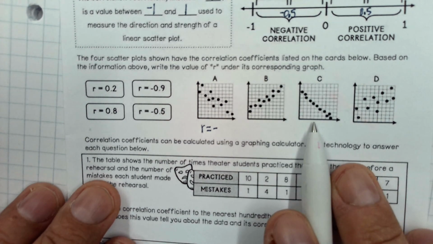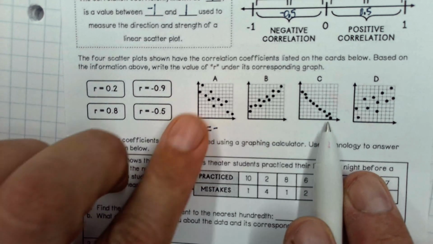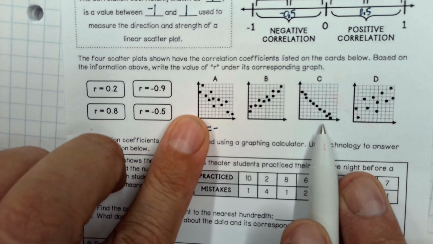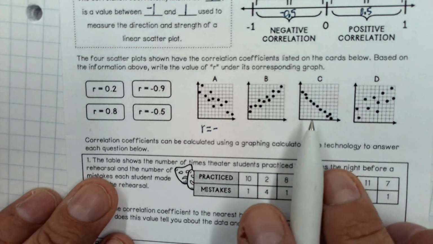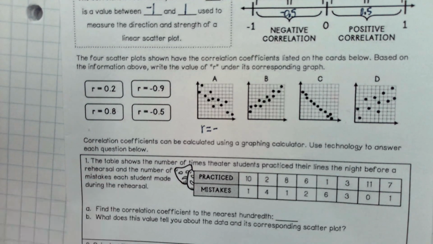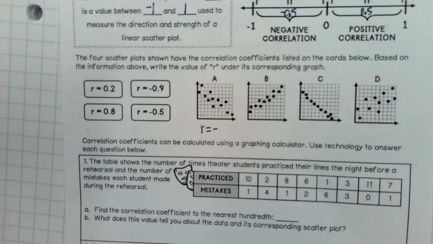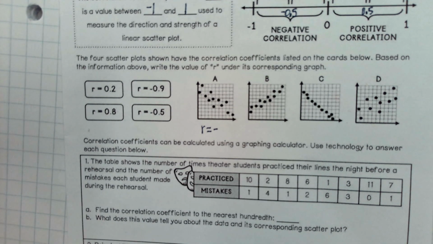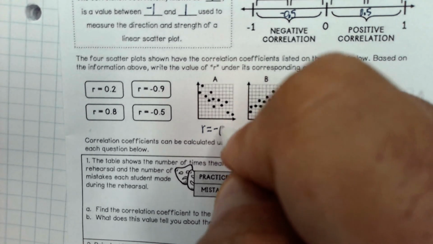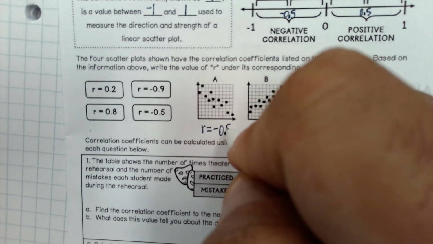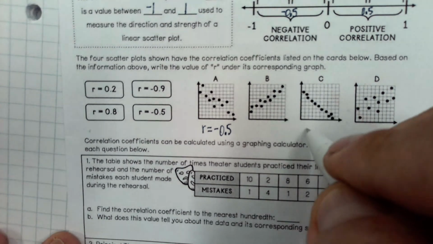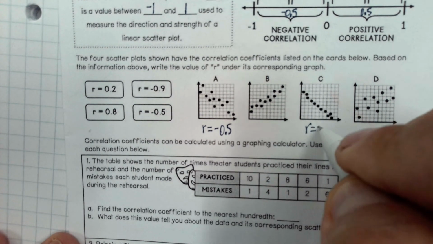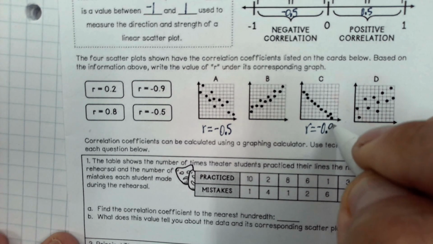Well, compare it to the other one, though. Look at the two that are negative. You want the negative 0.9 to be the one that's a little more tightly packed. Yeah. This looks like a negative 0.5 compared to this one. So this would make this one negative 0.9.